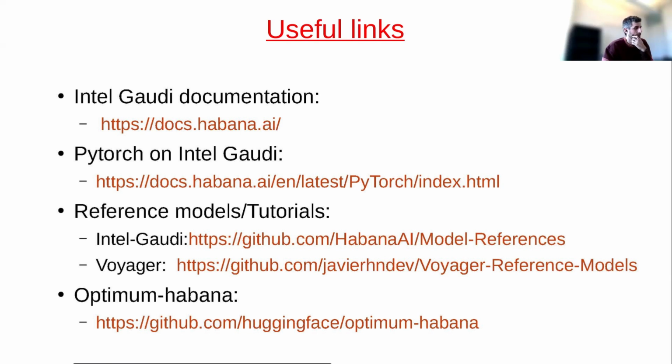And then we have our own repo on Voyager, where we have tutorials and the YAML files or instructions to run the official models from Intel Gaudi. And then the last link is what I showed you before about Optimum-Habana. If you want to use Hugging Face models, go to this repo and you can learn more about this.